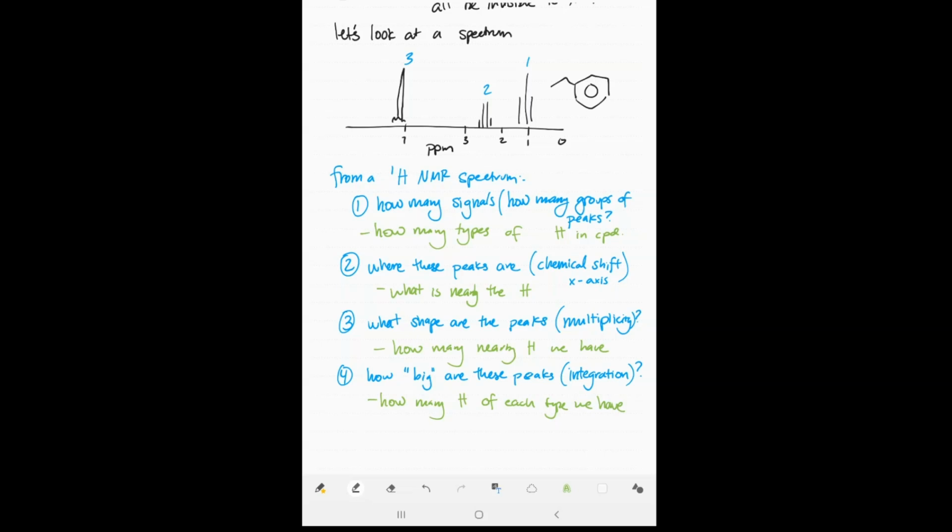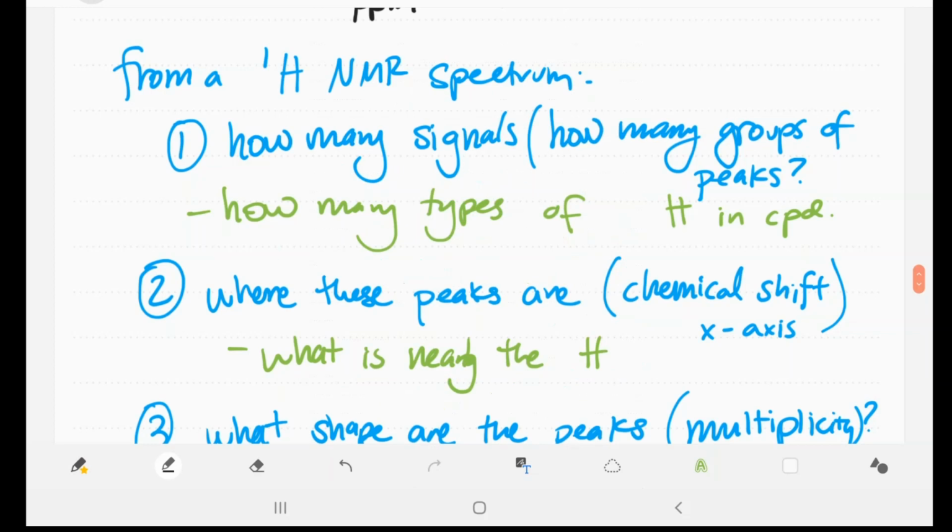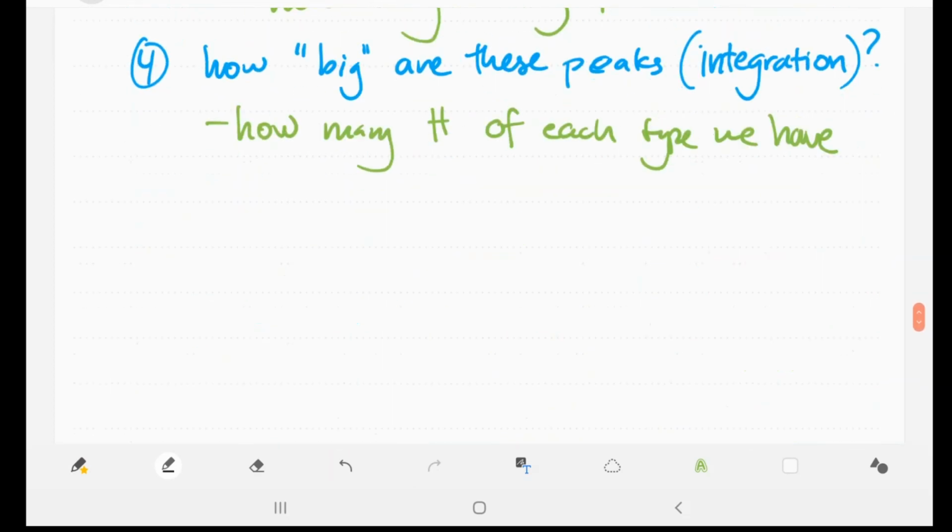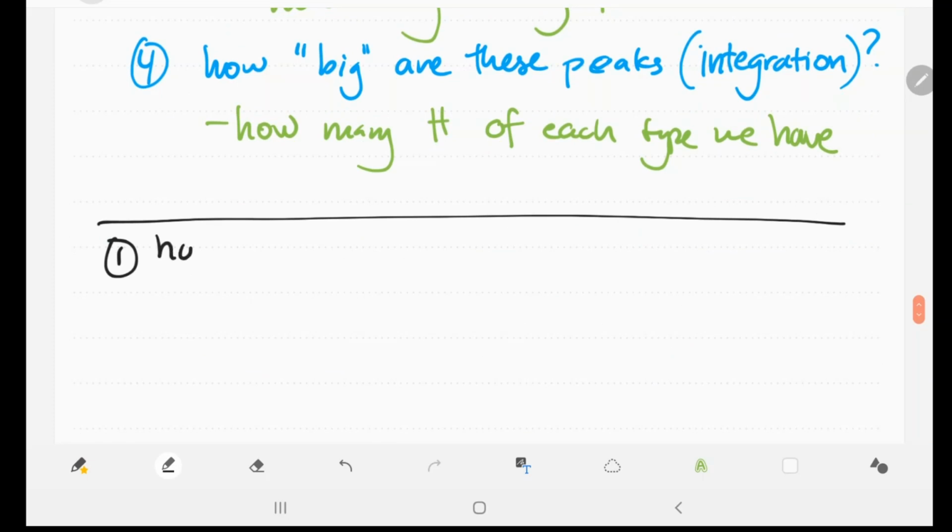Alrighty, so let's take a look at the first one here. We'll look at how many signals we see, and we'll learn how to identify types of hydrogens. So we're going to look at this one first.